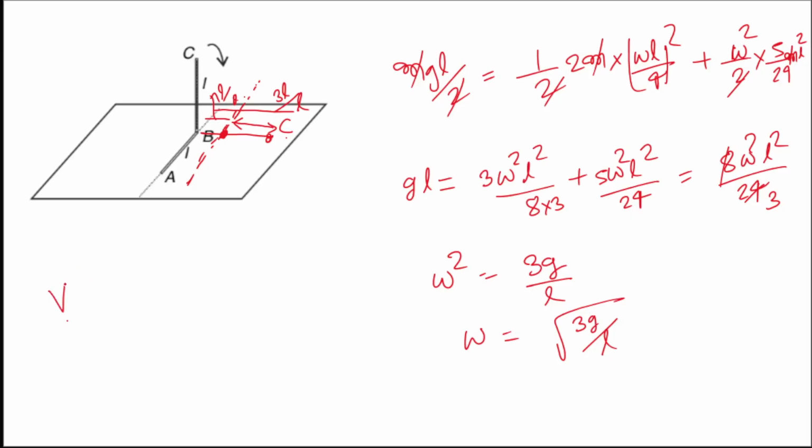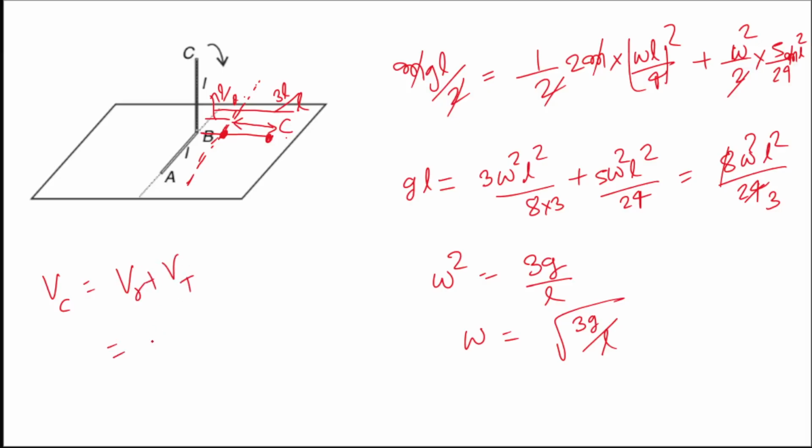So if you write the velocity of center of mass at this point, velocity of C because of rotation and because of translation.